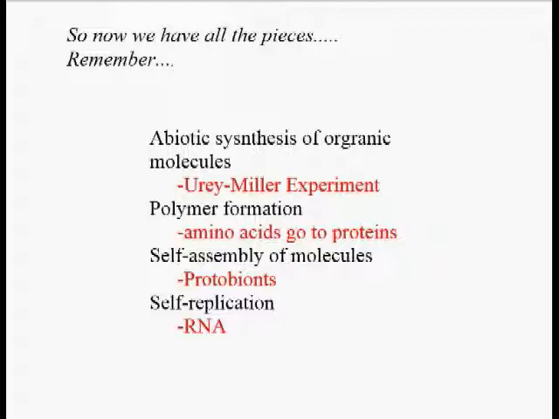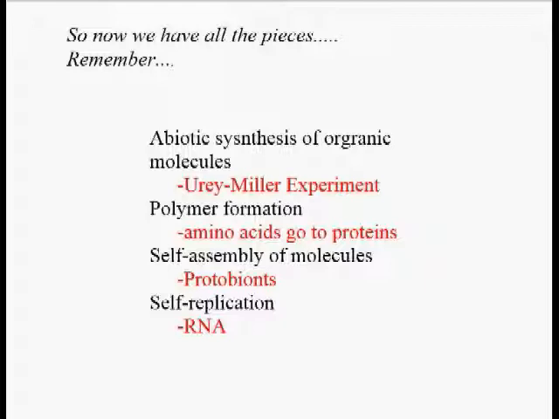took methane and water and ammonia and carbon monoxide and threw an electrical spark through them, and they got very primitive amino acids. We've seen polymer formation, that is, we saw simple amino acids come together to spontaneously form proteins, and they could have done that in hydrothermal vents or in volcanoes.